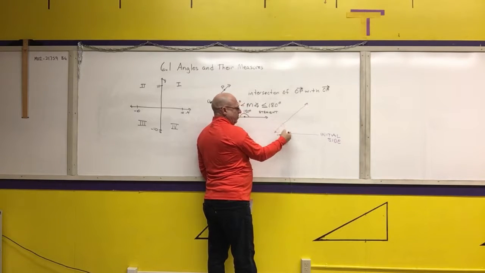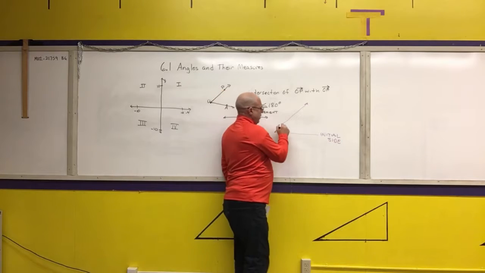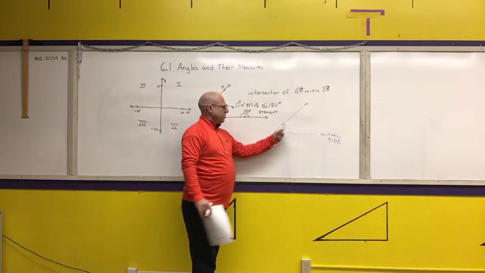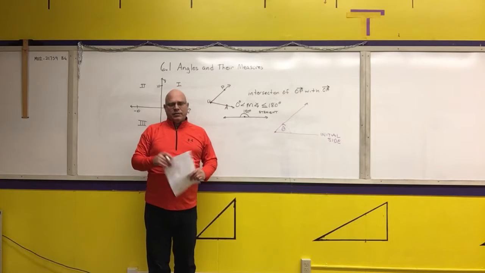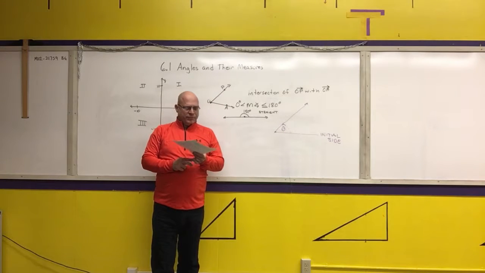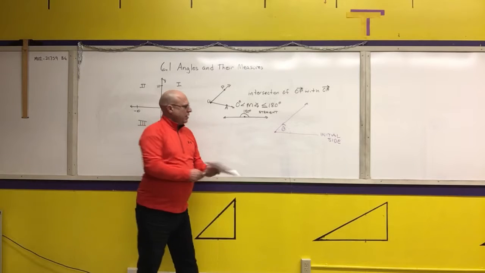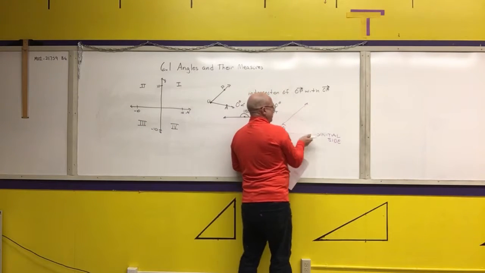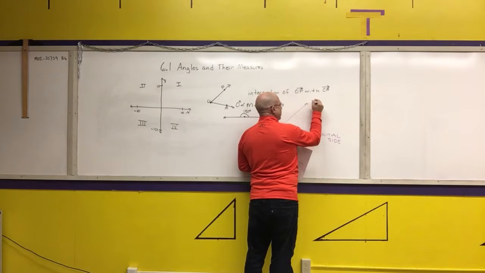And that amount that we rotated the ray is the angle that is formed. We typically use Greek letters like theta to indicate angles. This is the initial side, and where it stops, they call this the terminal side.